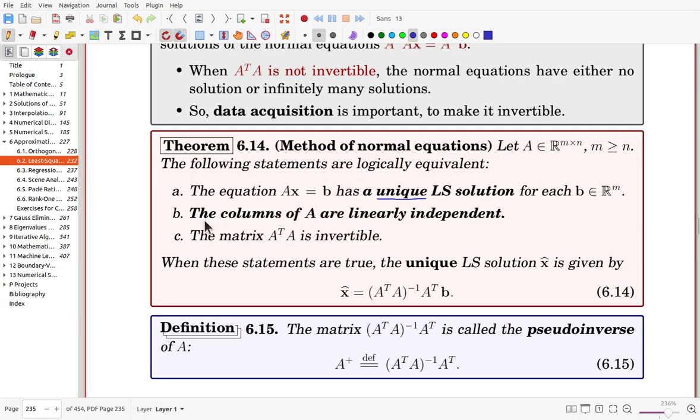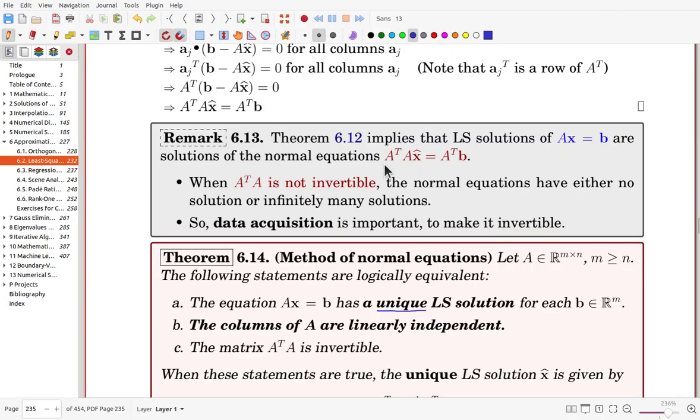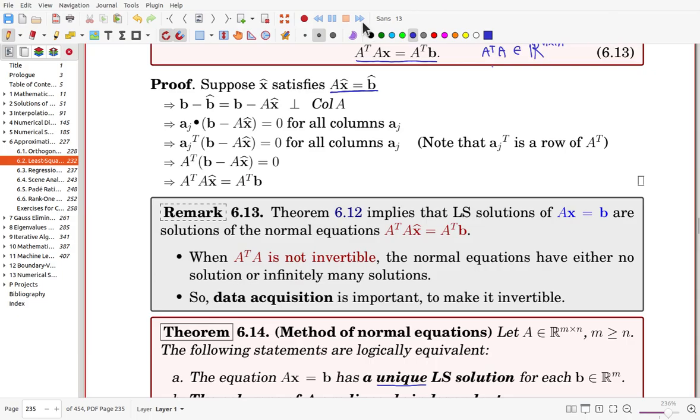And the columns of A are linearly independent. So once the columns of A are linearly independent, this linear system has a unique least squares solution, which means that A transpose A is invertible. Once it is invertible, then the solution must be unique. Right?